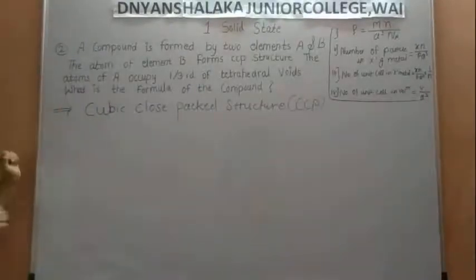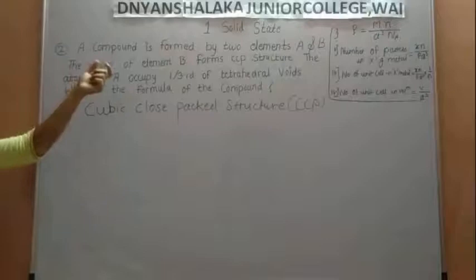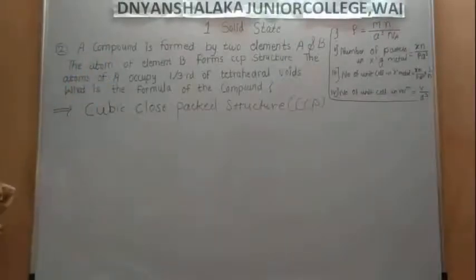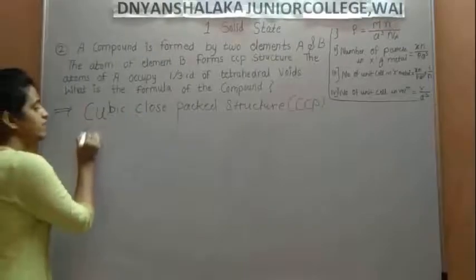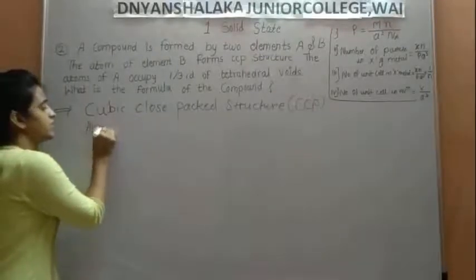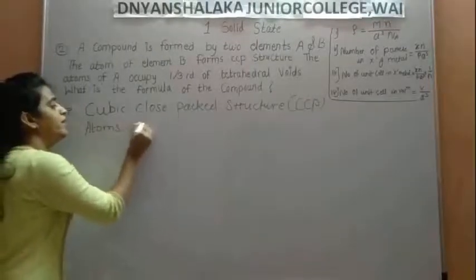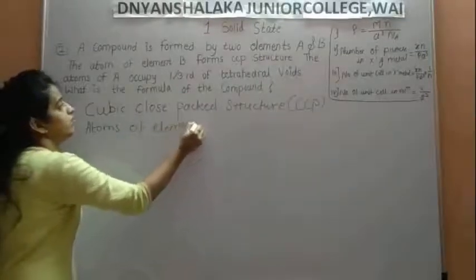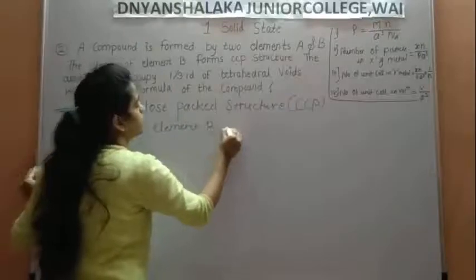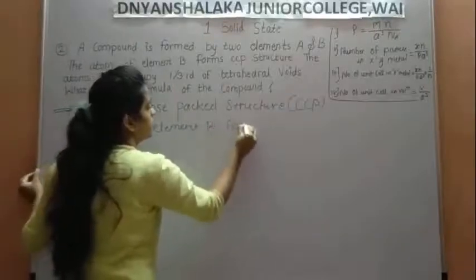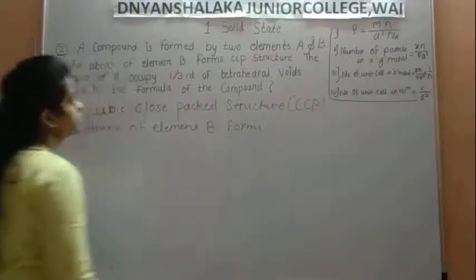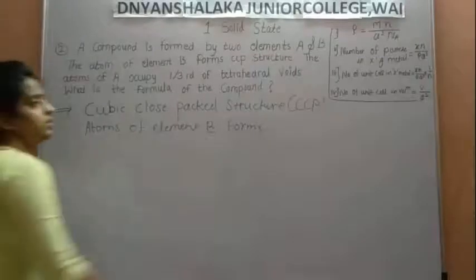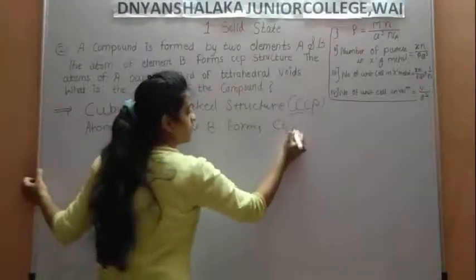So the compound is formed by two elements A and B. The atoms of element B form a CCP structure.